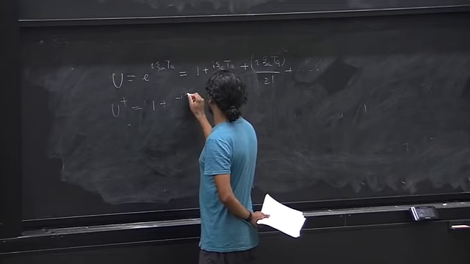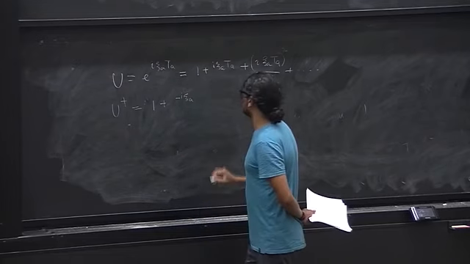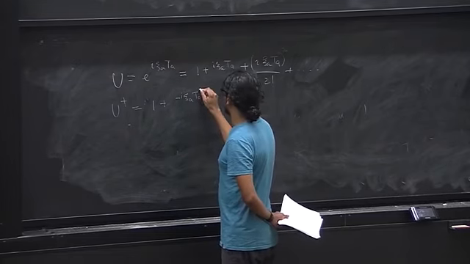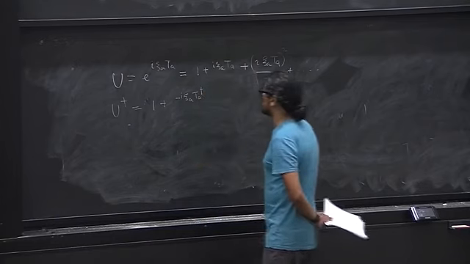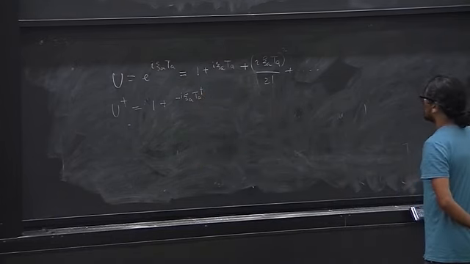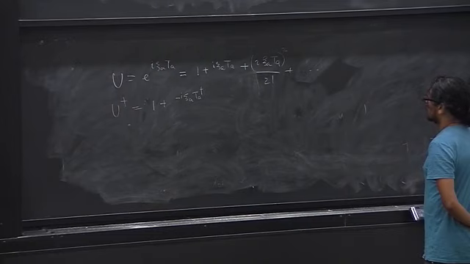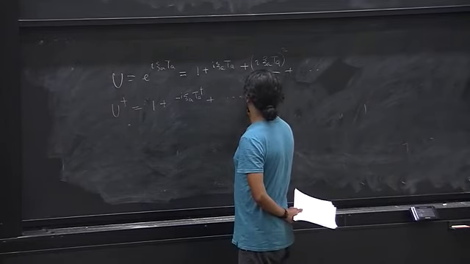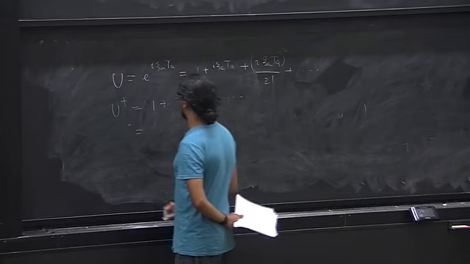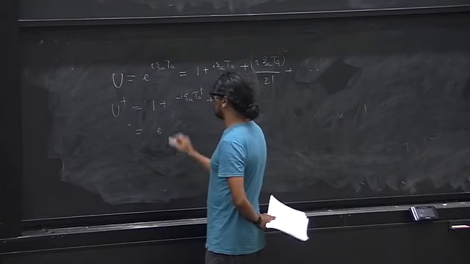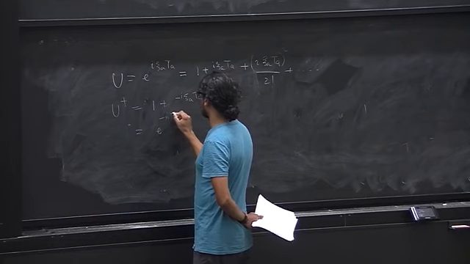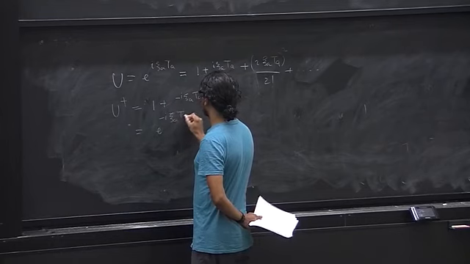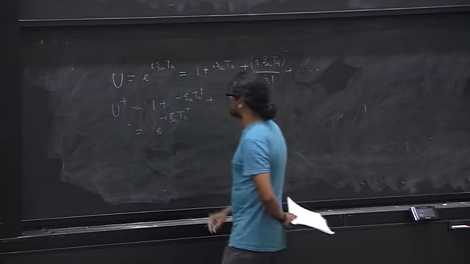These guys are the same. So in other words, this is going to be e to the power minus i times this thing, T^A dagger, right?